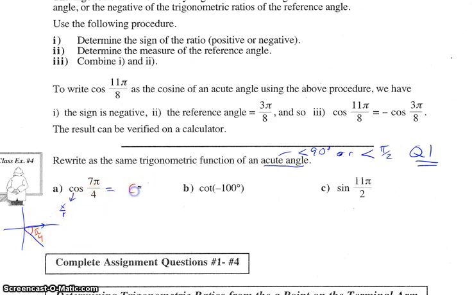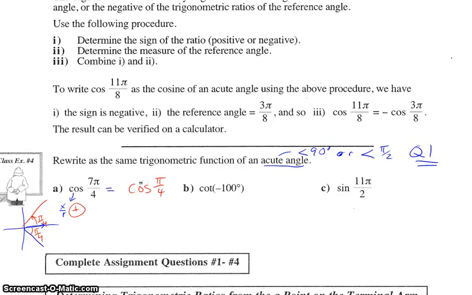We're going to rewrite this as the cos of pi over 4, meaning we're in quadrant 1 now. Now if cos is the same sign in quadrant 1 as it is in quadrant 4, and we know it's positive in quadrant 4, and it's also positive in quadrant 1, then we could just say cos of 7 pi over 4 equals cos of pi over 4.